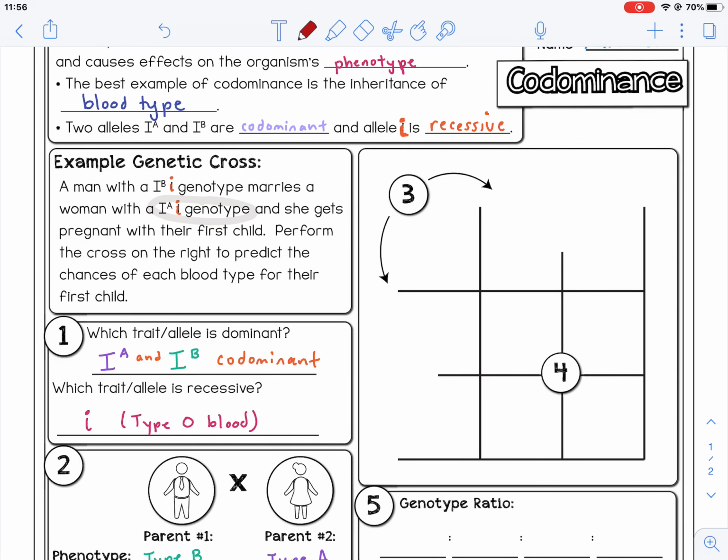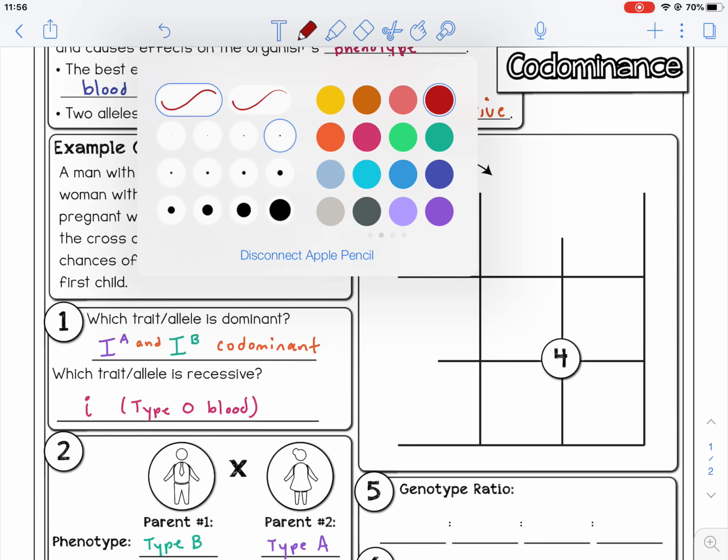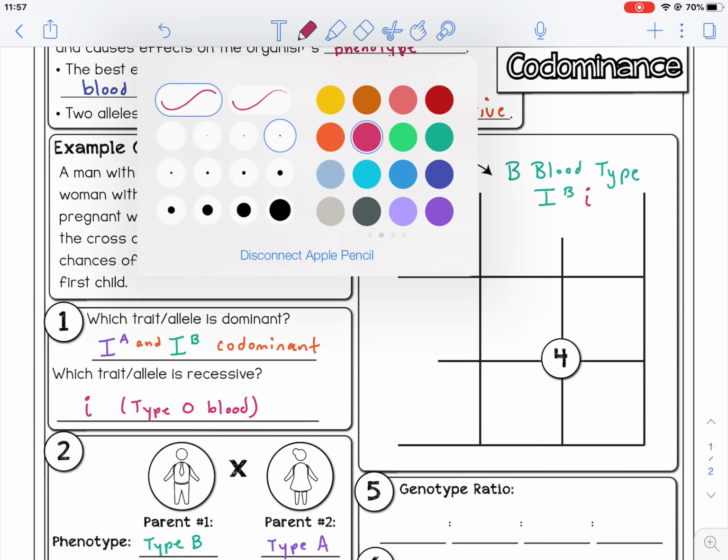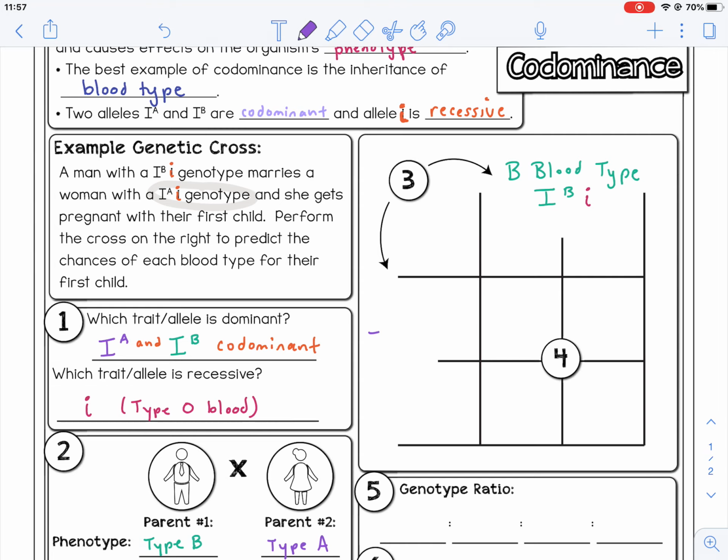Okay. So I'm going to put the father at the top of my Punnett square. There's not a right or wrong answer there. I just decided to put the B blood type at the top. Now remember, this person is IB little i. I'm actually going to go ahead and color code that little i. Remember, the biological mother has type A blood.